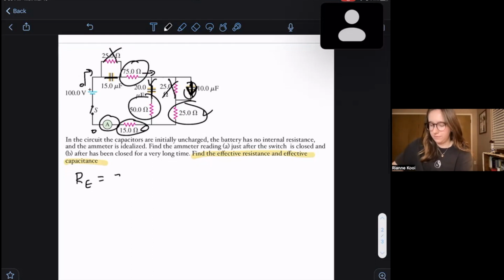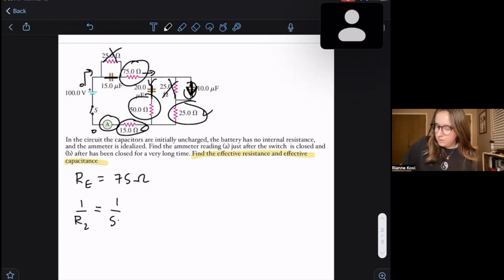So our R effective equals, we're going to start with 75. And then we have a 50 and 25 ohm resistor in parallel. So I'm going to say that 1 over R2 is equal to 1 over 50 plus 1 over 25 ohms. So I'm going to multiply this by 2 to get our denominators the same.